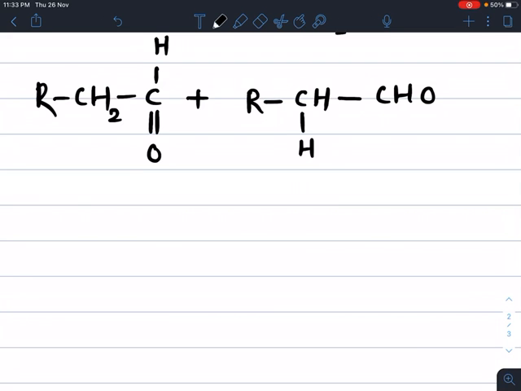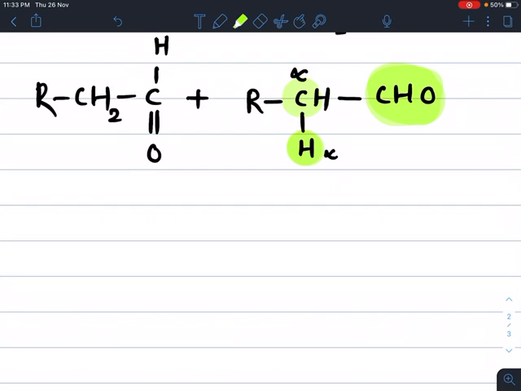And how does the addition take place? Let's see. In this second aldehyde, CHO is the functional group, and the carbon directly attached to this functional group is the alpha carbon, and the hydrogen attached to it is the alpha hydrogen atom.